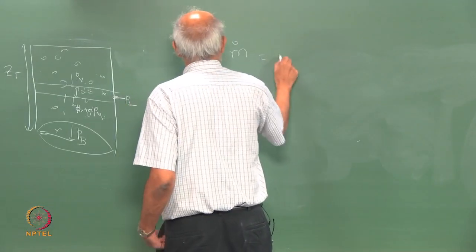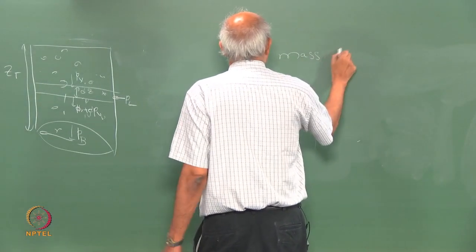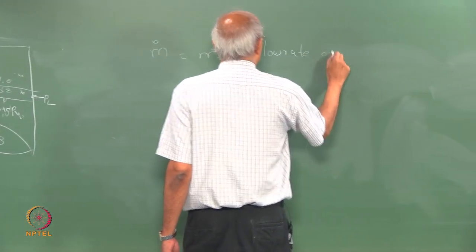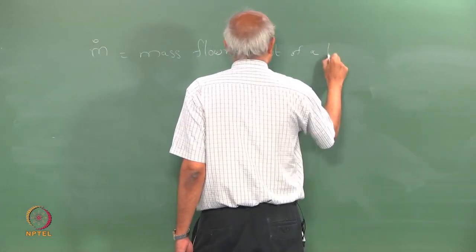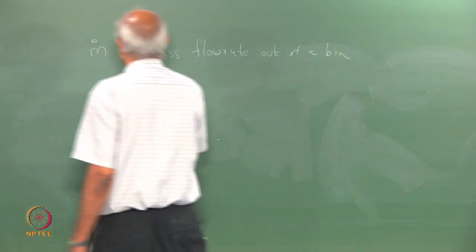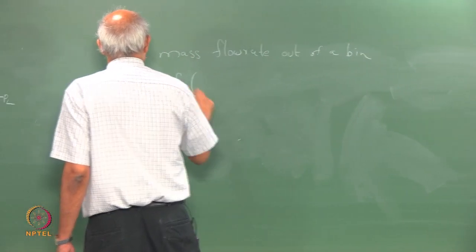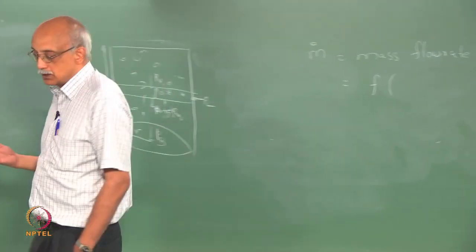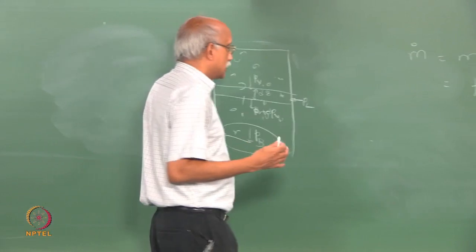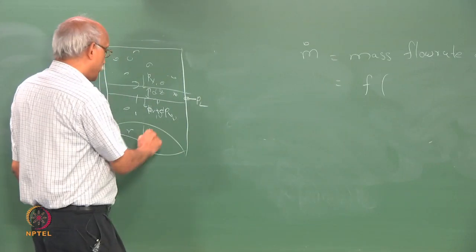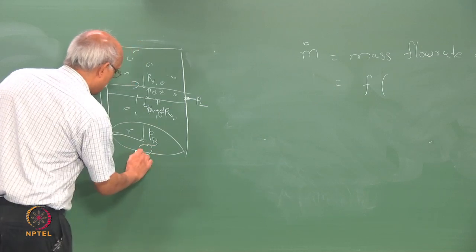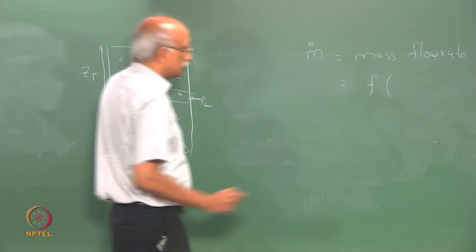So, if you look at a parameter like m dot, which is the mass flow rate out of a bin, this is a function of really only 4 parameters. One is, assuming it is a circular opening at the bottom of some diameter dO, it is a function of dO.